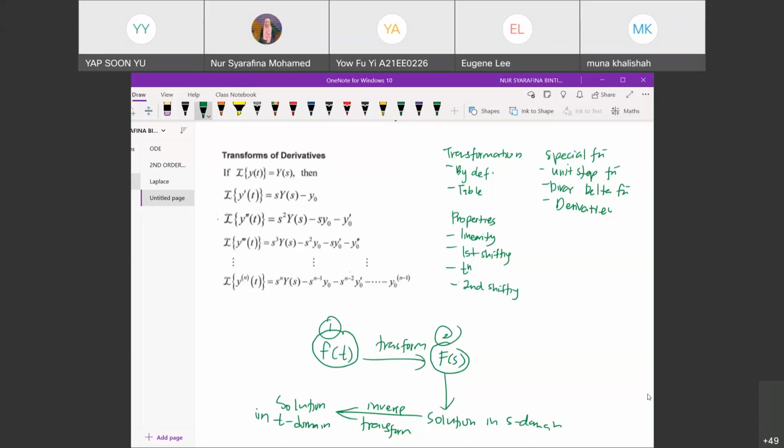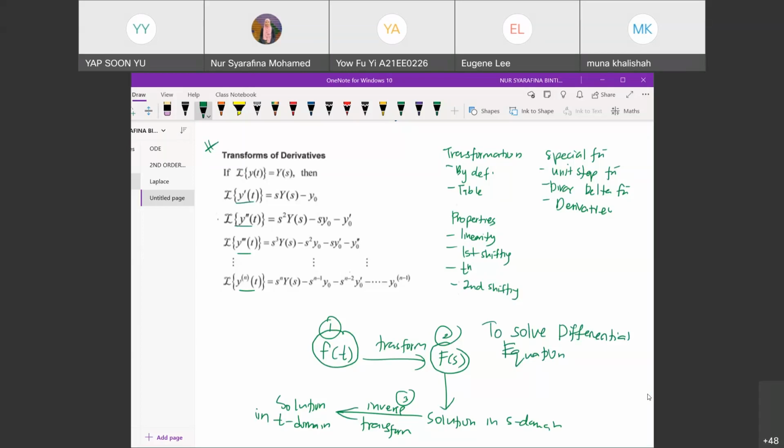After this we are going to learn how to inverse. Once you can transform and inverse transform, only then can you transform the derivative. Why? Because our focus is to solve differential equations, and in differential equations, of course, we have derivatives. So this is how you transform the derivative.